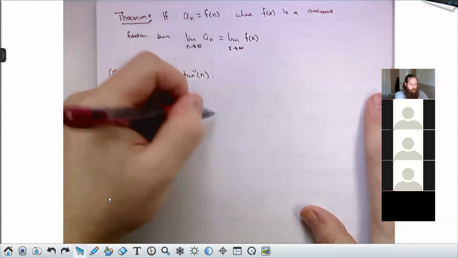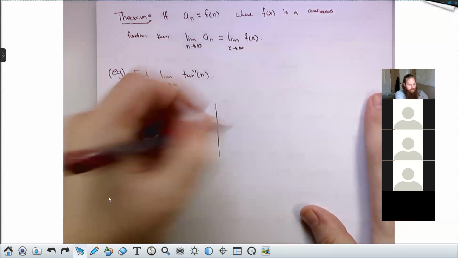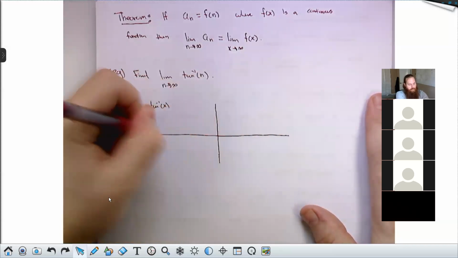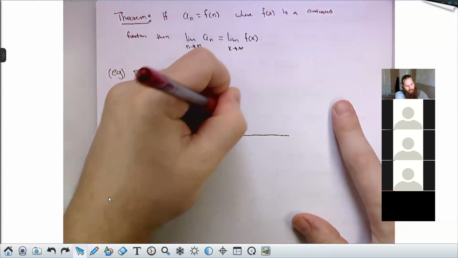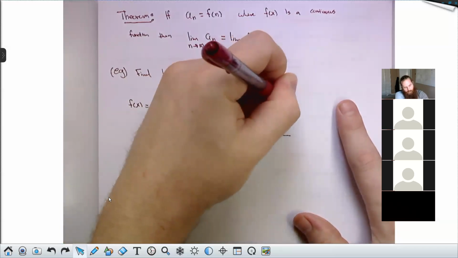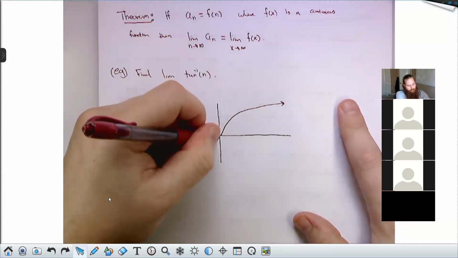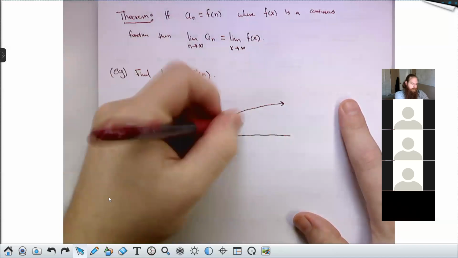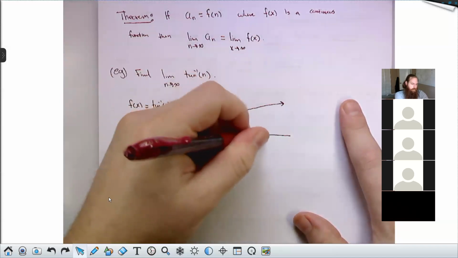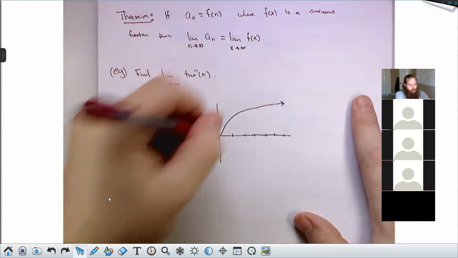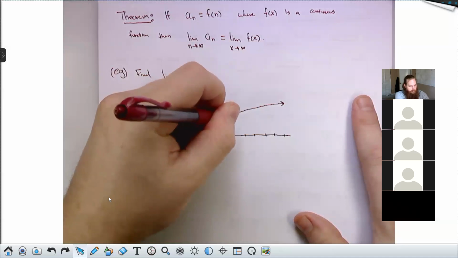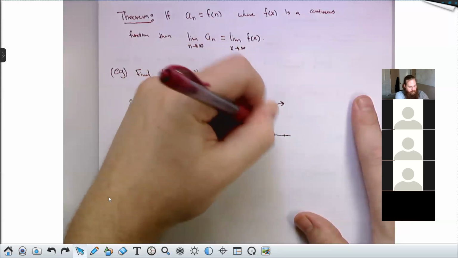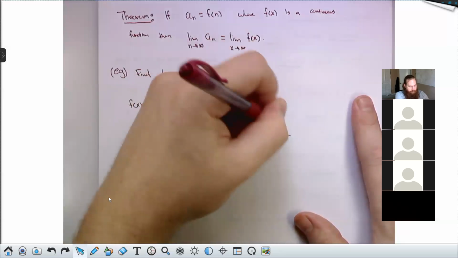And I know what the graph of arctan x looks like. Hopefully by now we've beat on this enough in this class. Like 1, 2, 3, 4, 5, 6, and so on. So my sequence are these dots, just the dots.